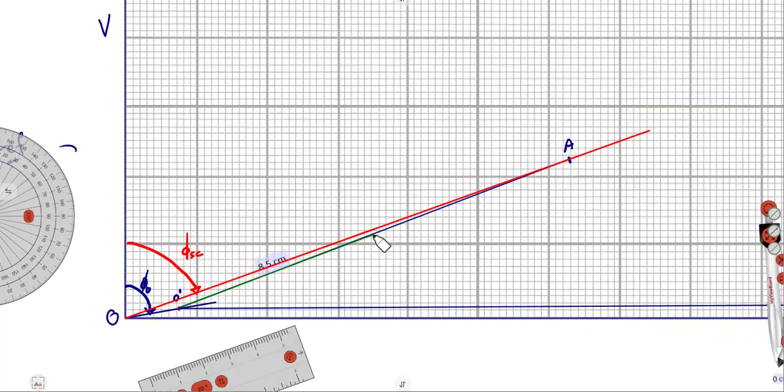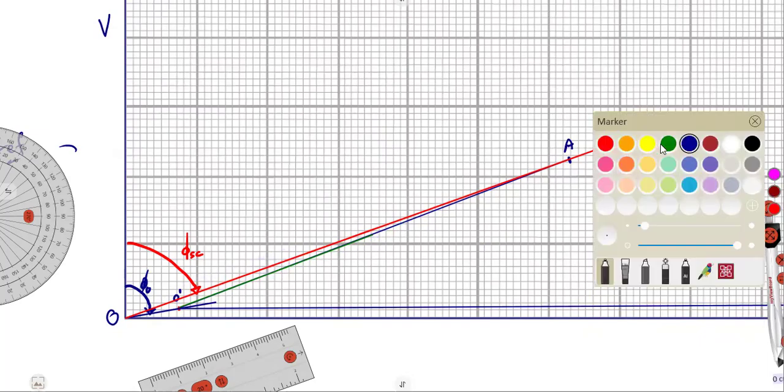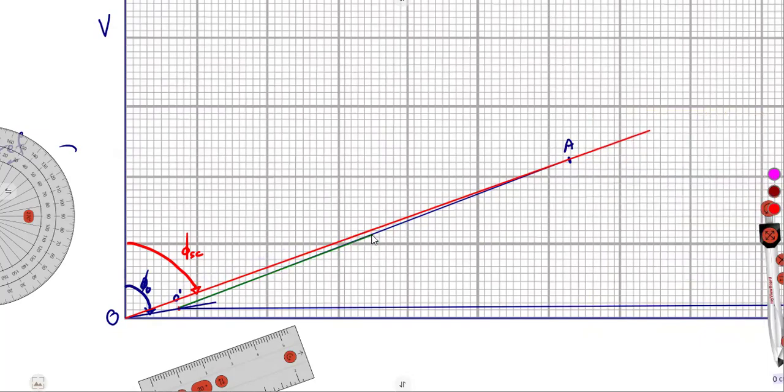So use the measurements that you are obtaining from your graph. Please use exactly what you're getting from your graph. So remember, we need along this output line. Remember, this is our output line.